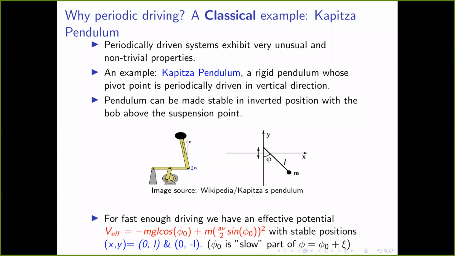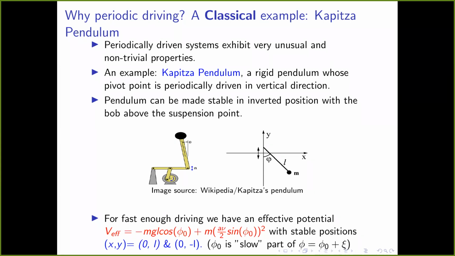It can be shown that for very fast driving, we have an effective potential which looks like this. Then this oscillating pendulum will have stable positions at 0, L and 0, minus L. Remember, 0, L is the stable position for an ordinary pendulum, but there is also 0, minus L. It means it is a stable position even if the bob is above the suspension point.